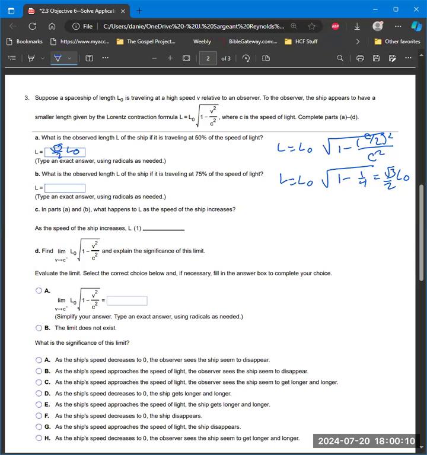All right. What is the observed length L of the ship traveling at 75% of the speed of light? L equals L naught square root of 1 minus 3C over 4 squared over C squared. So 3C over 4 squared is 9C squared over 16.